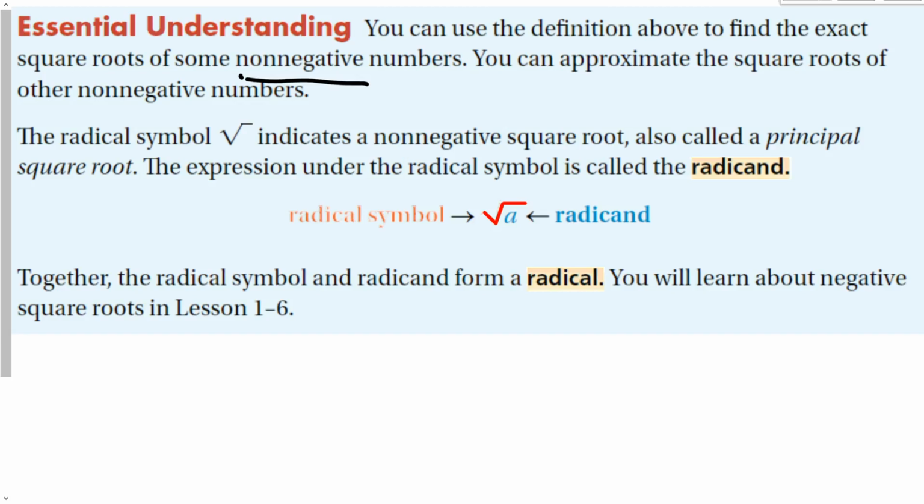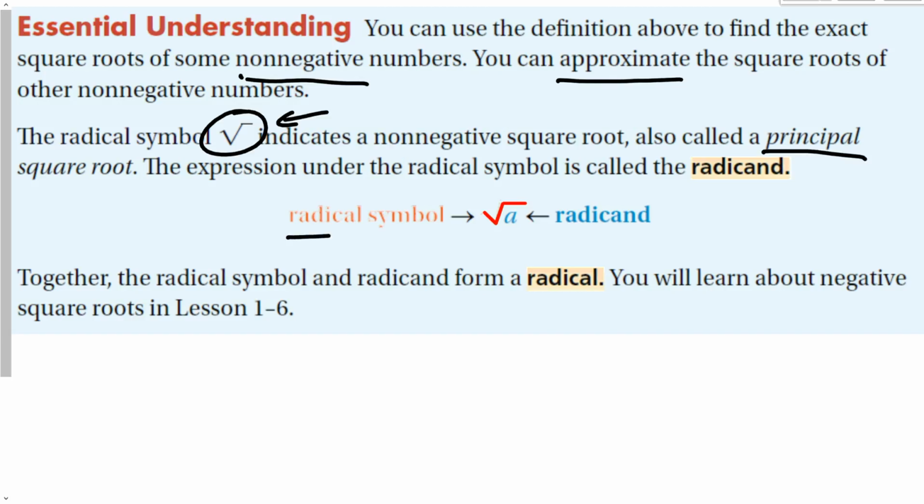We can approximate the square roots of other non-negative numbers, and the best way to do that, we can do it mentally, or we can use something called a calculator to help us out. Our radical symbol, which looks like that guy right there, indicates a non-negative square root, also the principal root. So whenever you see this symbol right there, that always means we're going to take some sort of positive square root, which we can call the principal square root.